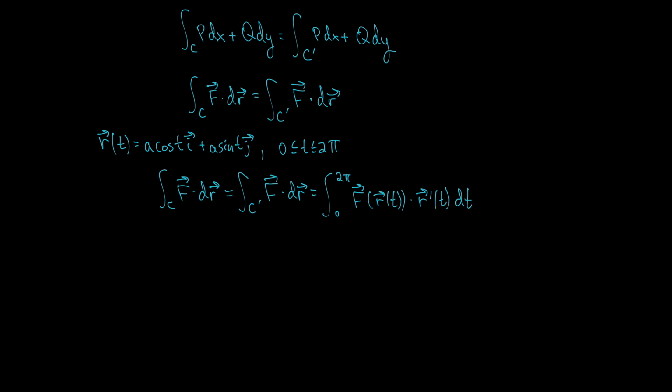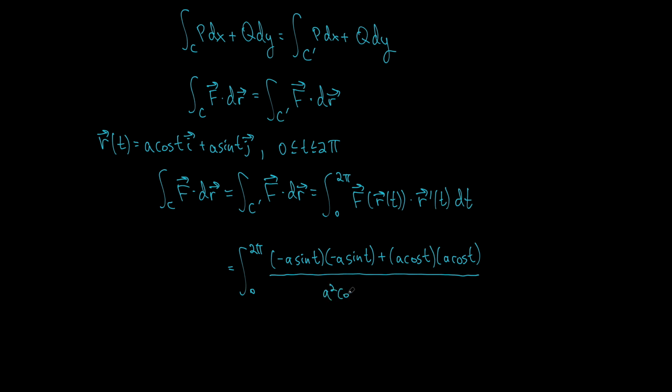which is just going to be the integral from 0 to 2 pi of minus a sine t, plus a cosine t, over a squared cosine squared t plus a squared sine squared t.